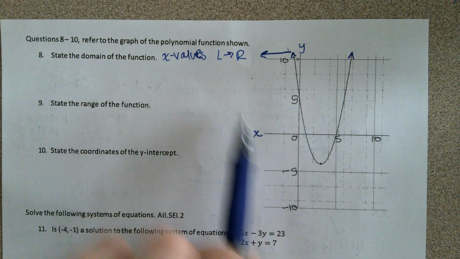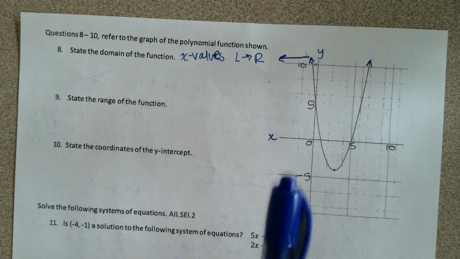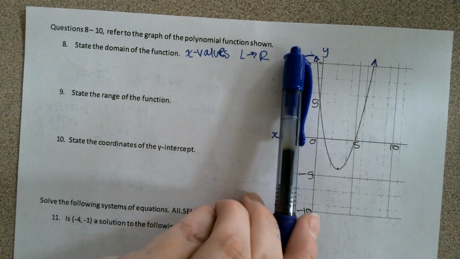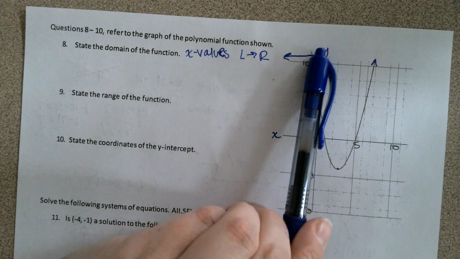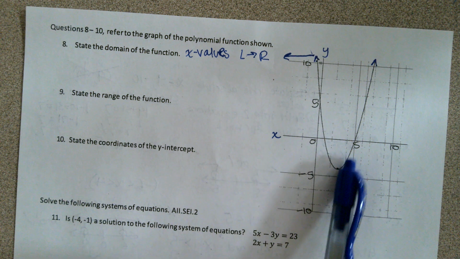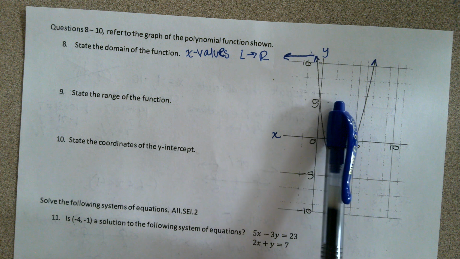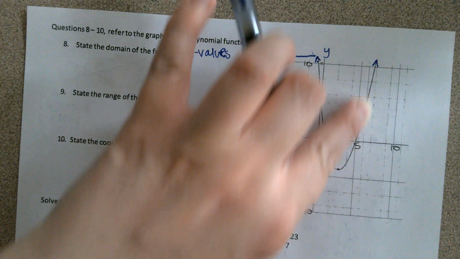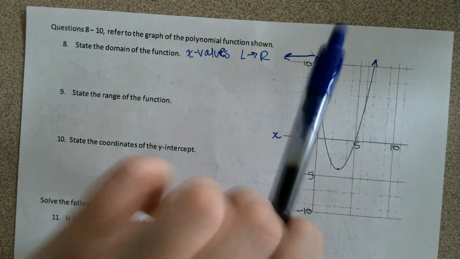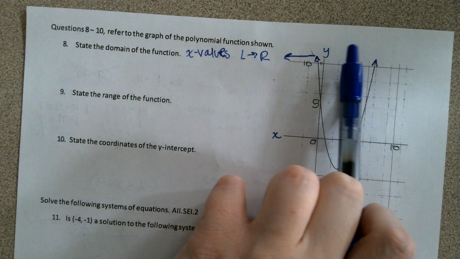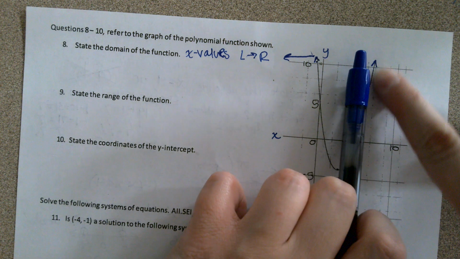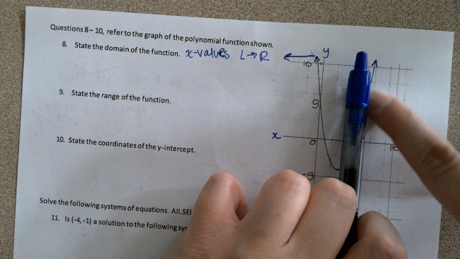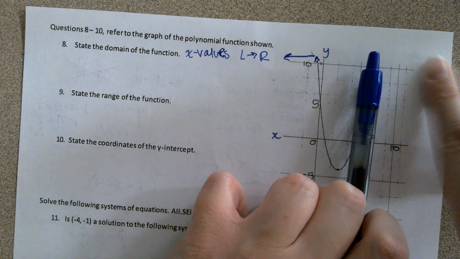So this is covered. So if we follow the graph from left to right, we jump onto the graph right here, and we follow it from left to right. As you can see, as we go left, this graph is solid, and it continues. There's no jumps, gaps, or holes. And then it starts to disappear once we get around 6 or 7 on the x-axis.